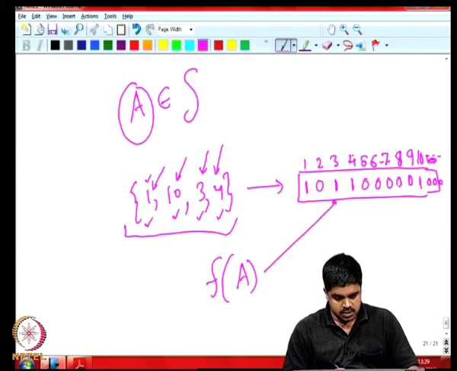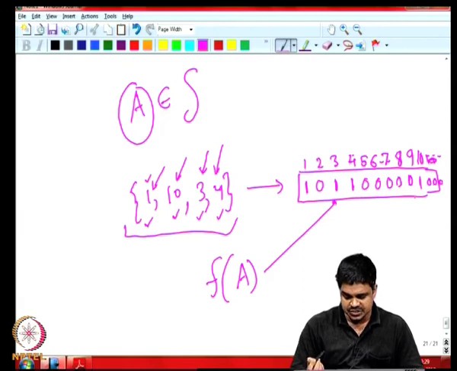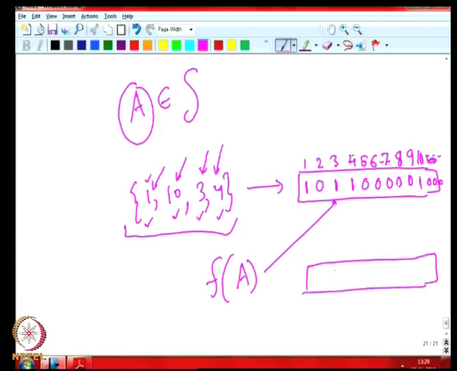Now the reverse way: we can look at any string and read out in which positions a 1 has appeared. Here, the third position has a 1, so I write 3, and then I look for 4, 5, 6, 7.